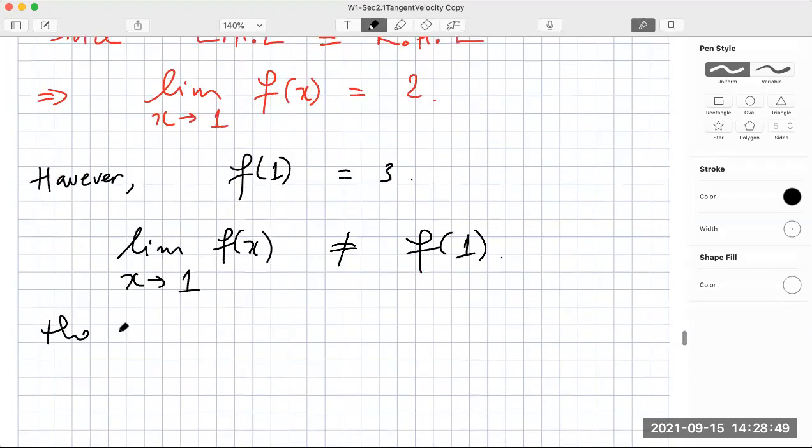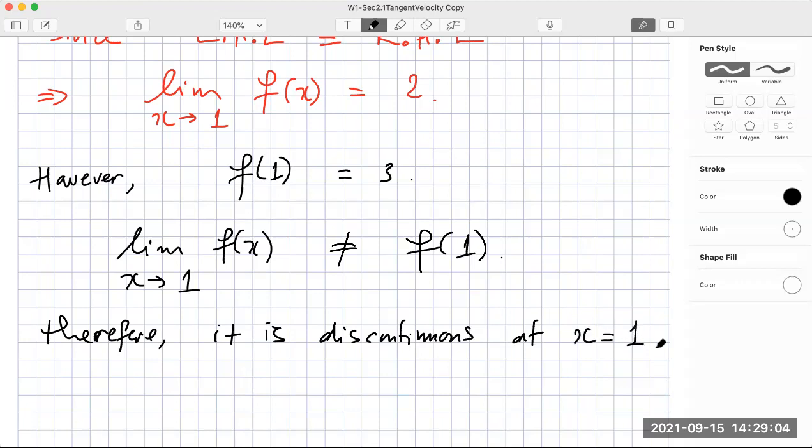Therefore, it is discontinuous at the point x is equal to 1. Okay? So that is for question A.